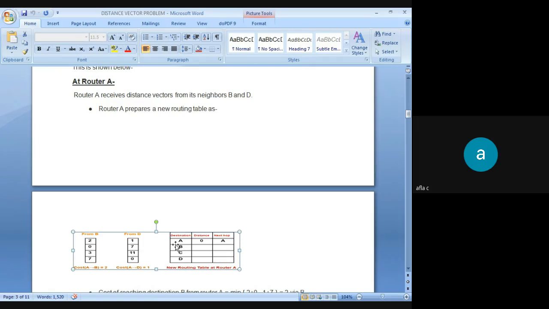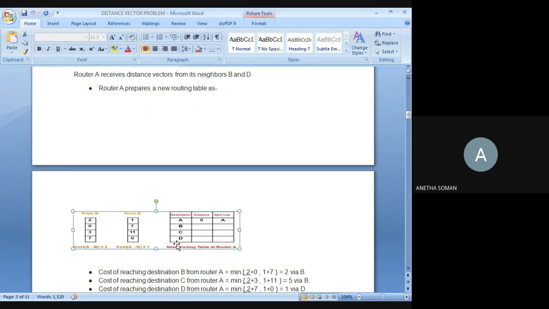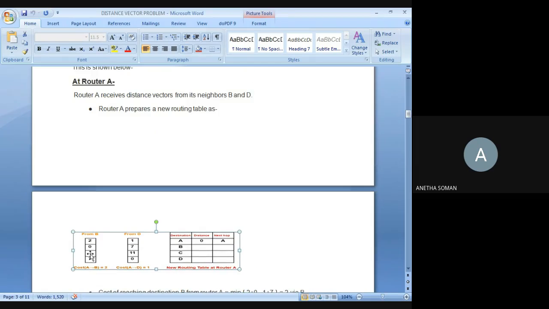Which is the minimum cost? The minimum cost is 2 plus 3, which is equal to 5. Now, through which path do you have to go? Via B only, you can reach C, since that is the minimum cost. So, 5 via B.